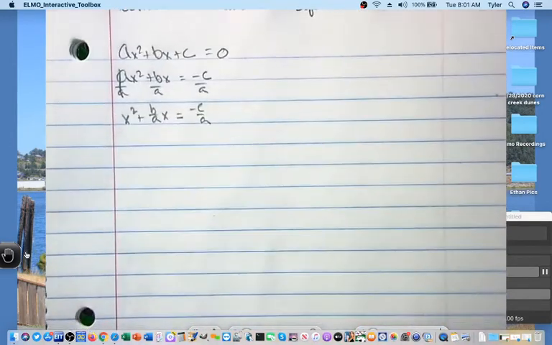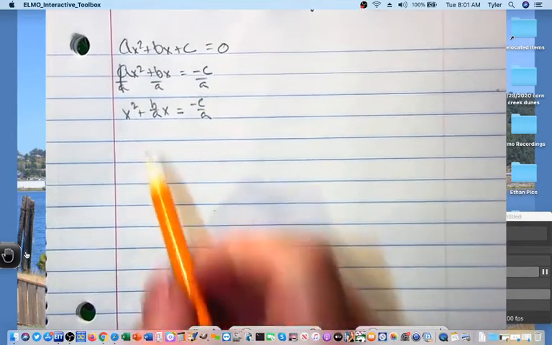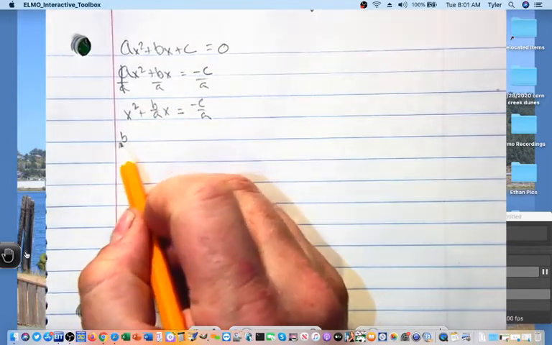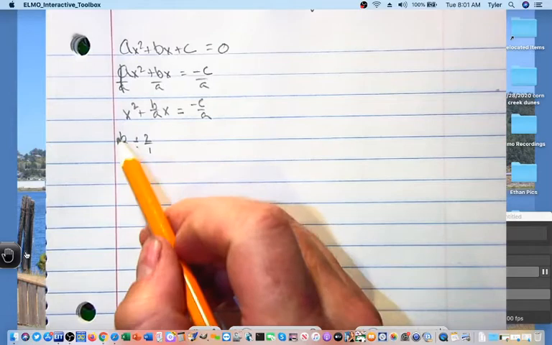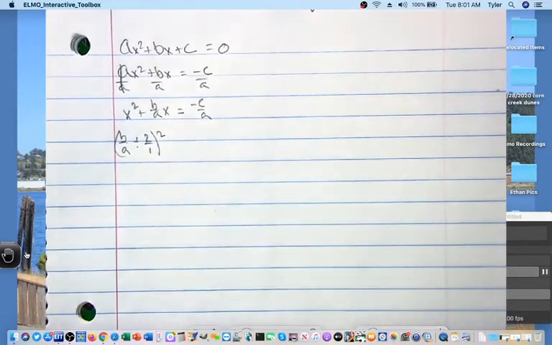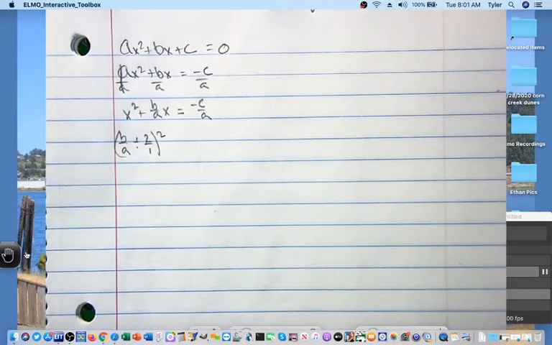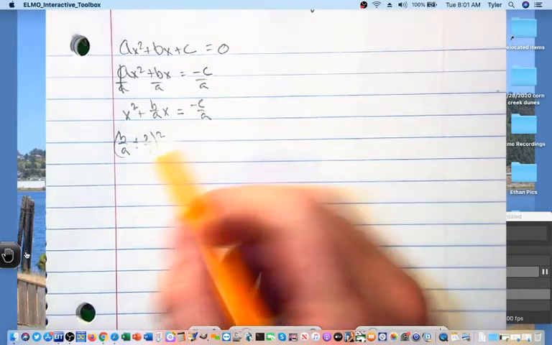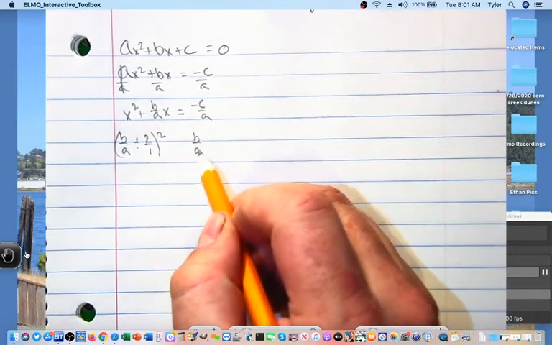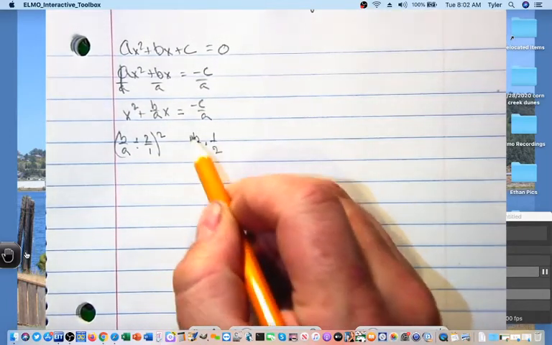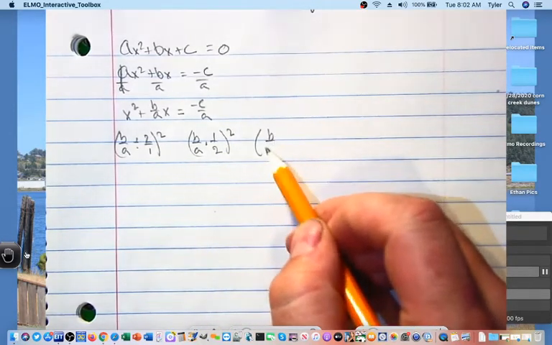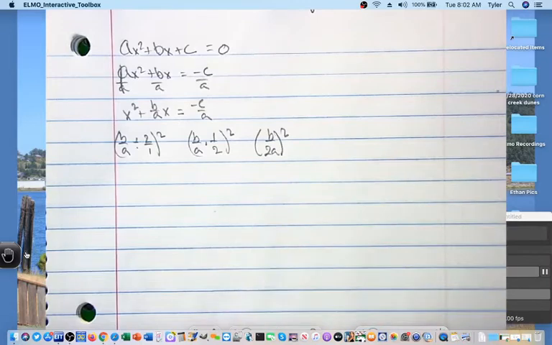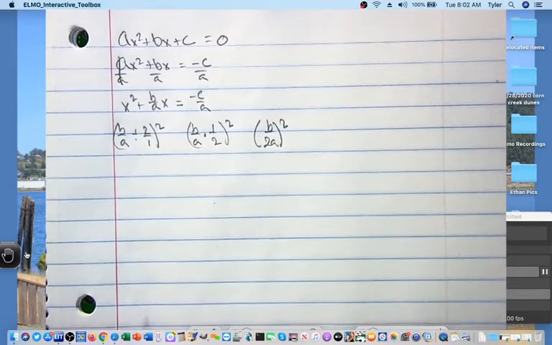And what we're going to do now is finish completing the square. We're going to take our b term, b over a, and we're going to divide by 2, and we will square that. This will become the term that we add to both the left and the right side of the equal sign. So we keep it, change it, flip it. We have b over a times 1 over 2 squared, and finally we end up with b over 2a squared, which I'm going to add to both sides of my equal sign.